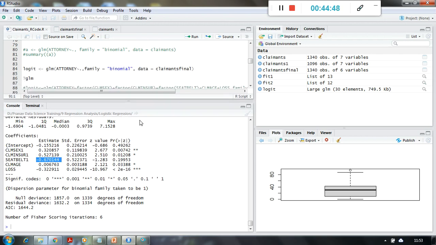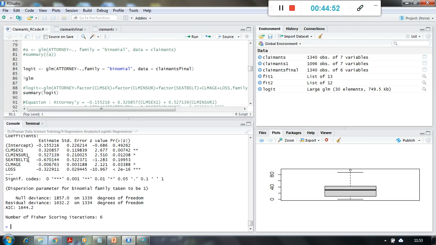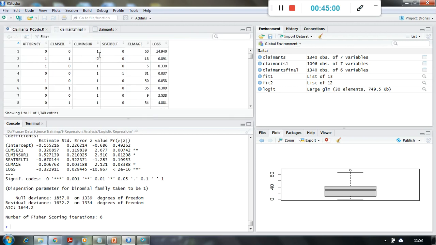In linear regression modeling, the option we had was to transform this variable, but in logistic regression we cannot apply such a transformation, because the values in seatbelt are nothing but 0 and 1. What type of transformation can you apply, right?